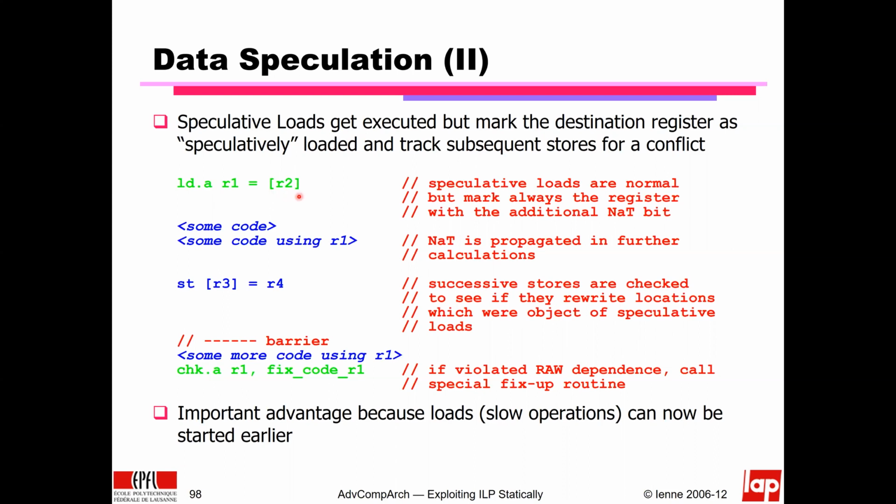Let me put it into a hardware data structure. And every time from this moment that I do a store, I check if the address of the store collides with one of the addresses that I am observing, the ones I put in this data structure. If there is a collision, let me put a one in the bit of R1 so that I know that the check will fail. There is a failure.